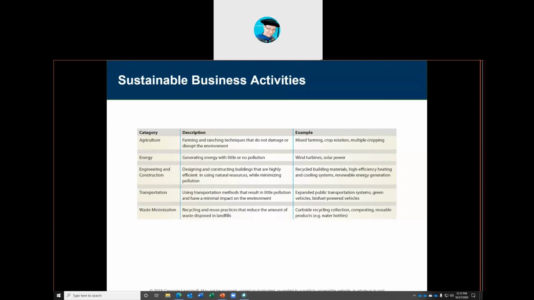Transportation, we're using biofuels, electric vehicles, things like that to become more sustainable. Waste minimalization, we use recycling, composting, reusable products to be more sustainable. Businesses engage in these activities because they are more environmentally and socially aware.